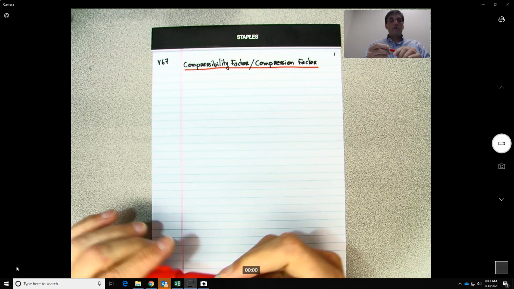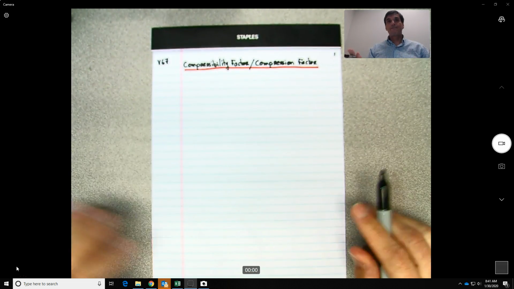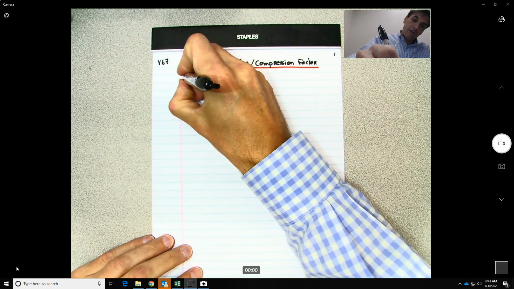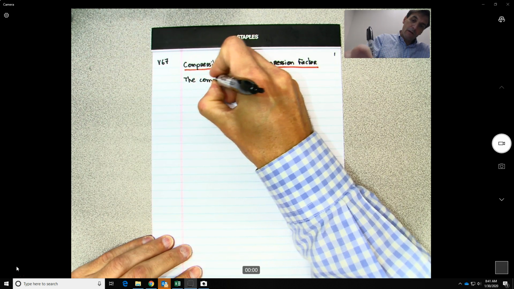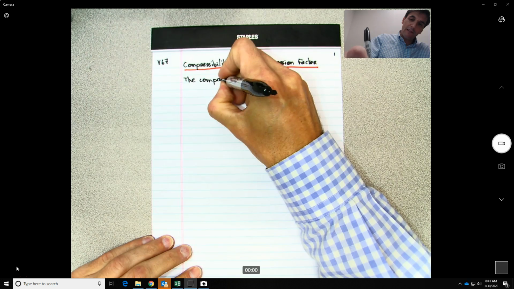As we all know, nothing is perfect. Okay, so the compression factor is actually related to the ideal gas, as you will see.